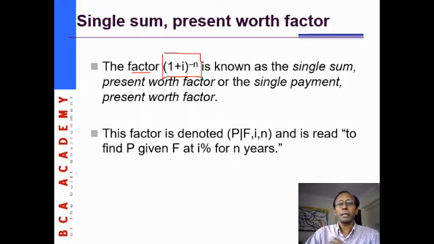And if you are calculating the present value based on the estimated future value, it is minus n. Whatever it may be, we have a single value of present value and a single sum of future value, so the whole thing is called a single sum calculation.